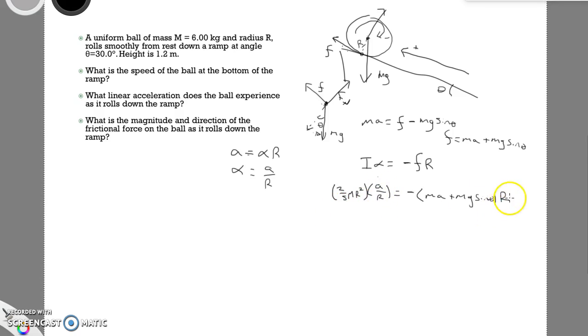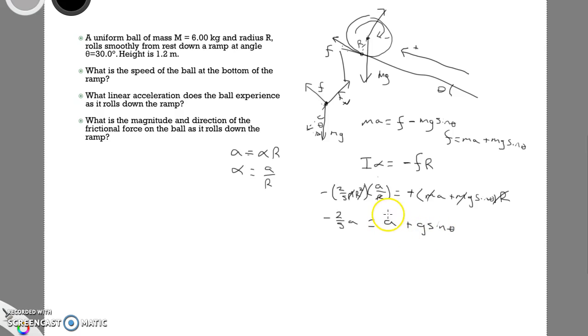Okay, so we'll divide that r over, and these r's will cancel with that r. We'll divide mass out. And I'm going to send a negative sign over here. So we get negative 2/5 A equals A plus g sine theta.